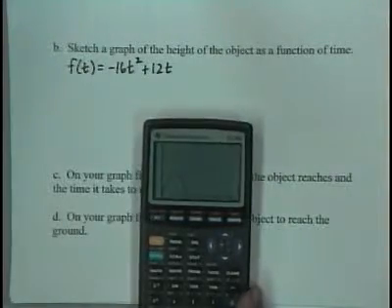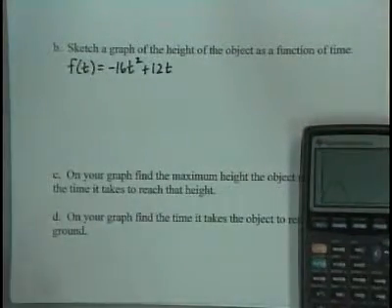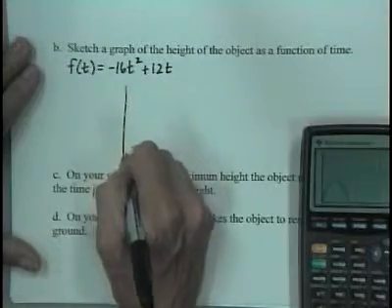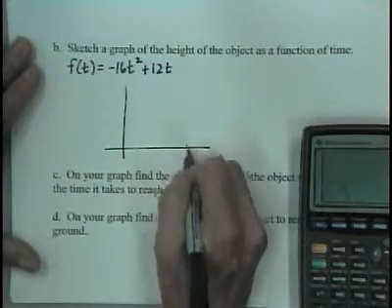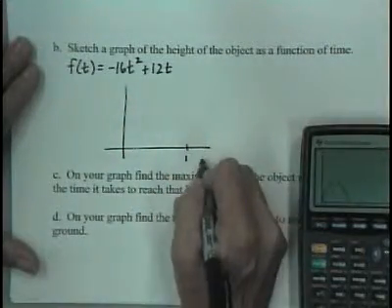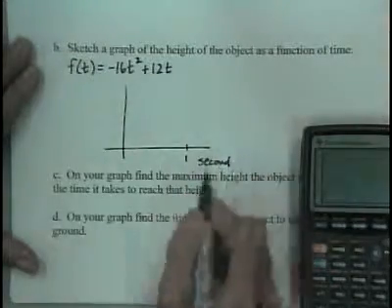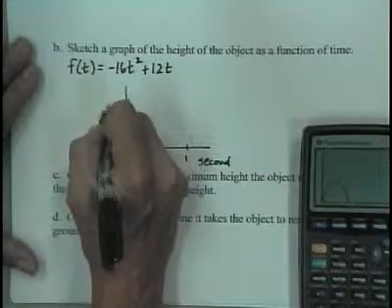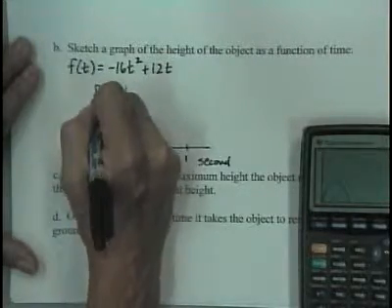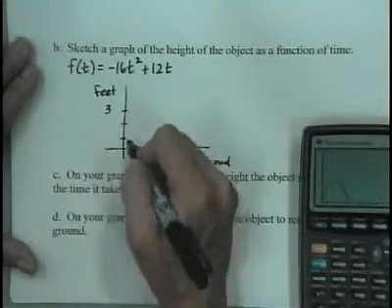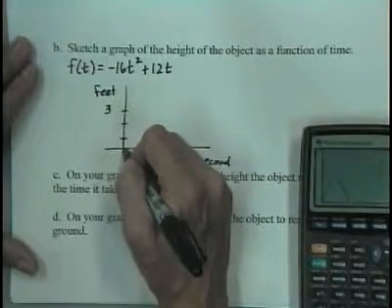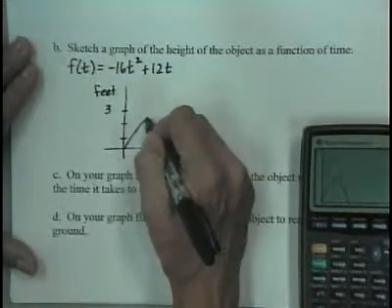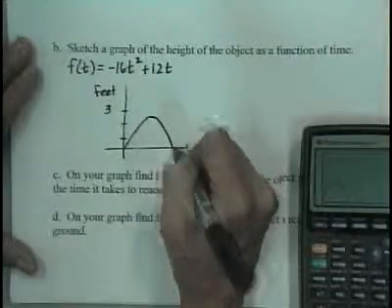Noticing those few pieces of information, we can sketch a graph with this as 1 second and 1, 2, 3 feet, here's our feet, is more than enough, and we can do something like a rough sketch of the graph.